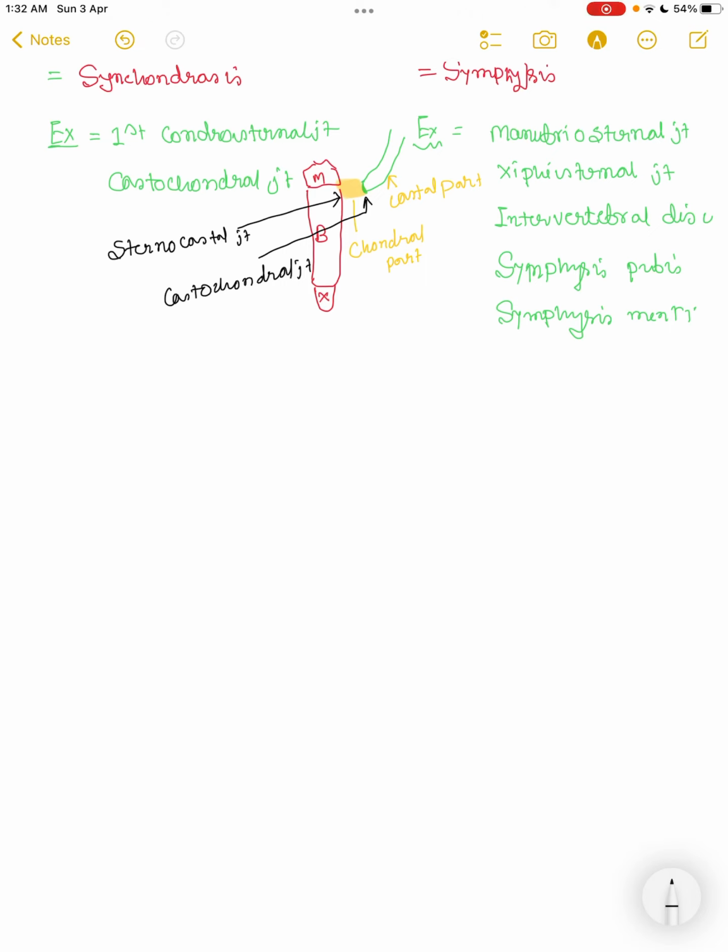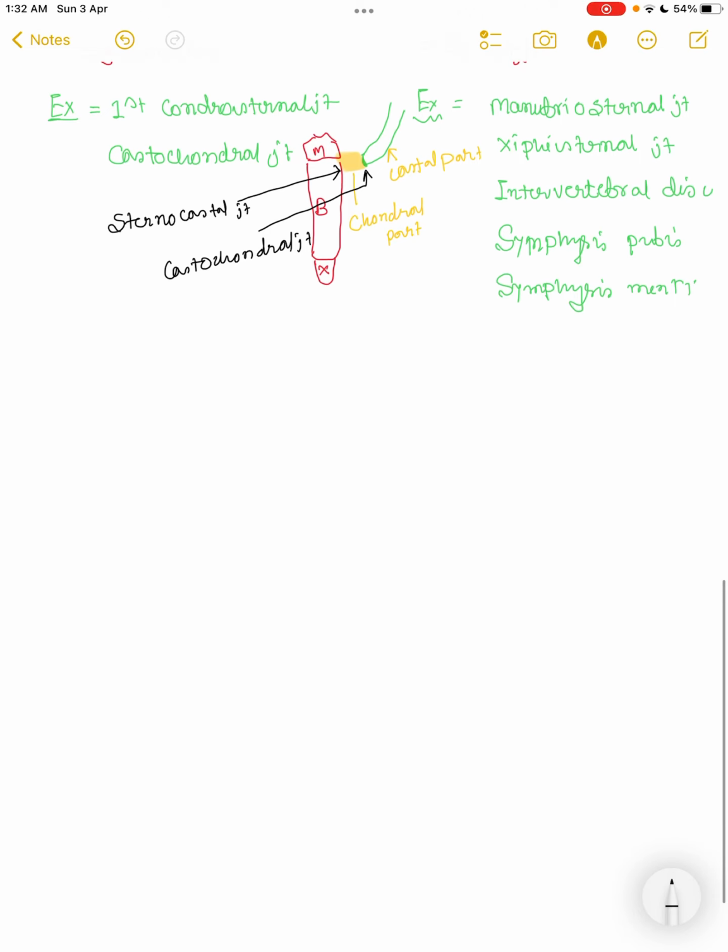Obviously this costal part is posteriorly attached to the transverse process and the body of the vertebra.